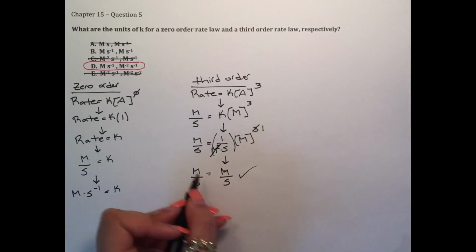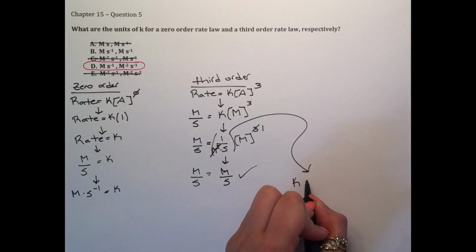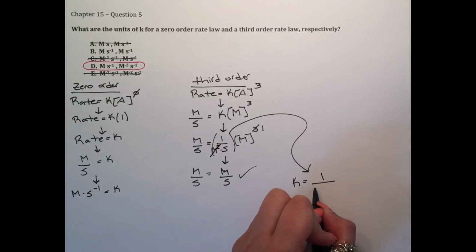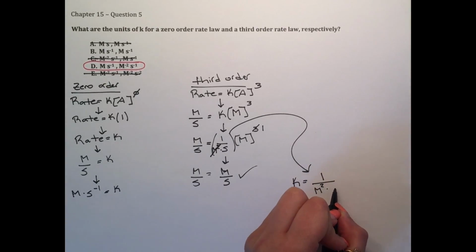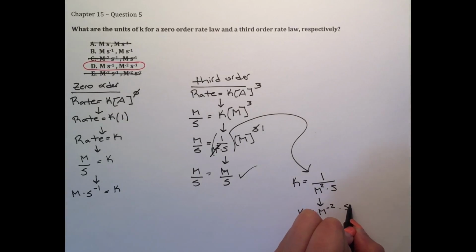In order to get this, we found that K had to be equal to 1 over molar to the second times S, and this can also be written as M to the negative 2 times S to the negative 1.